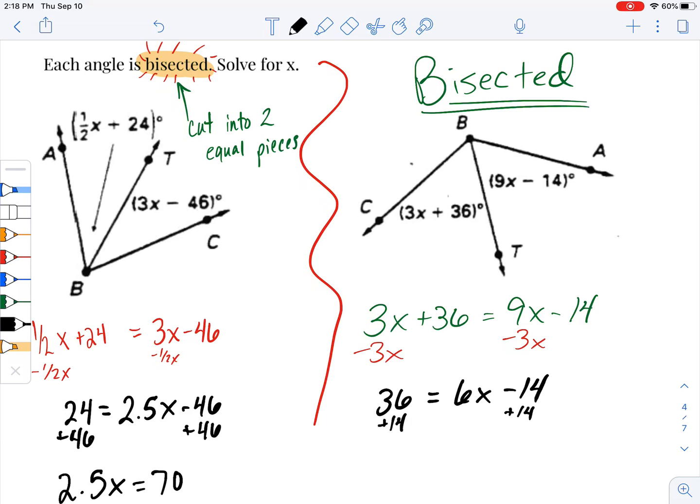I can add 14 to both sides. I should probably do that in red again. And then I've got 50 equals 6 times x, where x is 8 2/3. Or if you want a decimal, 8.6 repeating.